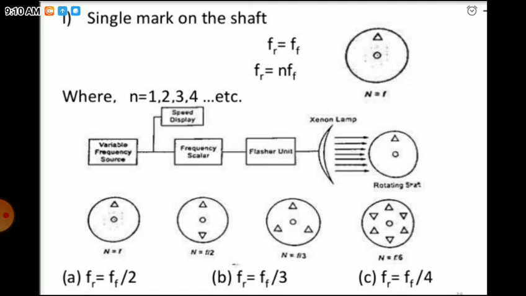If the speed is such that each mark of the star moves forward a distance of 1 point pitch, that is, the distance between two consecutive marks, during the interval between successive flashes, the pattern appears to be stationary. This speed is called the primary speed.